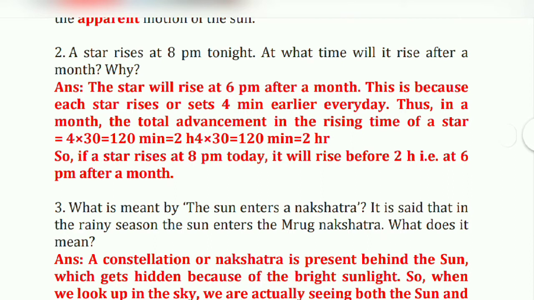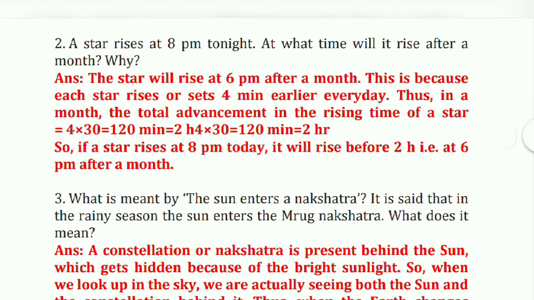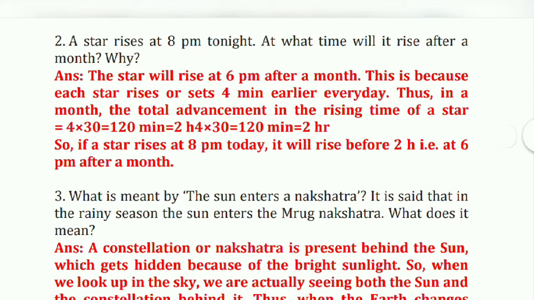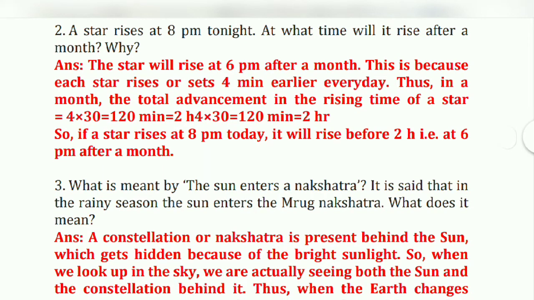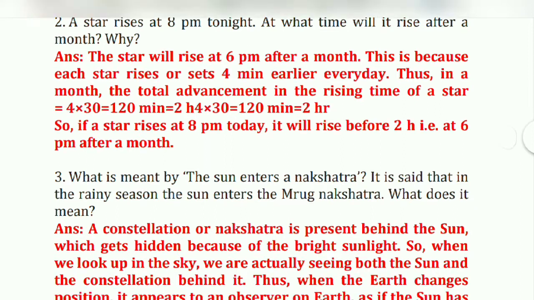Thus, in a month, the total advancement in the rising time of a star is equal to 4 into 30 and is equal to 120 minutes. That is 2 hours. So, if a star rises at 8 p.m. today, it will rise before 2 hours. That is at 6 p.m. after a month.